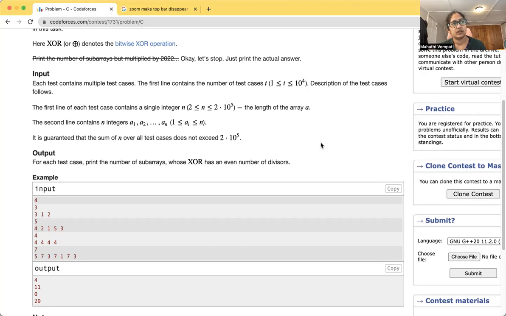I feel like XOR is an operation where a cumulative sum sort of thing is really useful, right? Because okay, now I do this whole sequence. Wait.